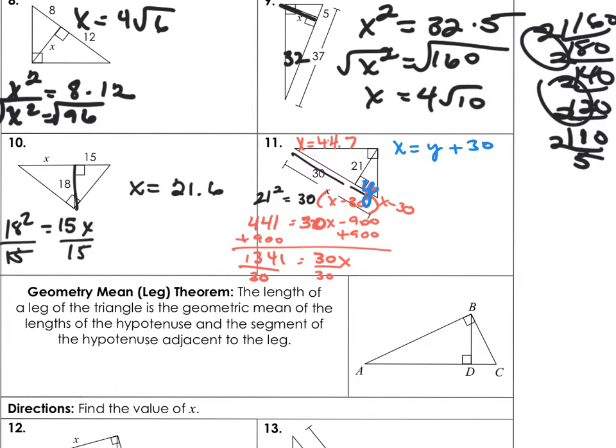So they set it up as 21 squared is equal to y plus 30. Subtract over the 30, so you do 21 squared minus 30, and they get 411.